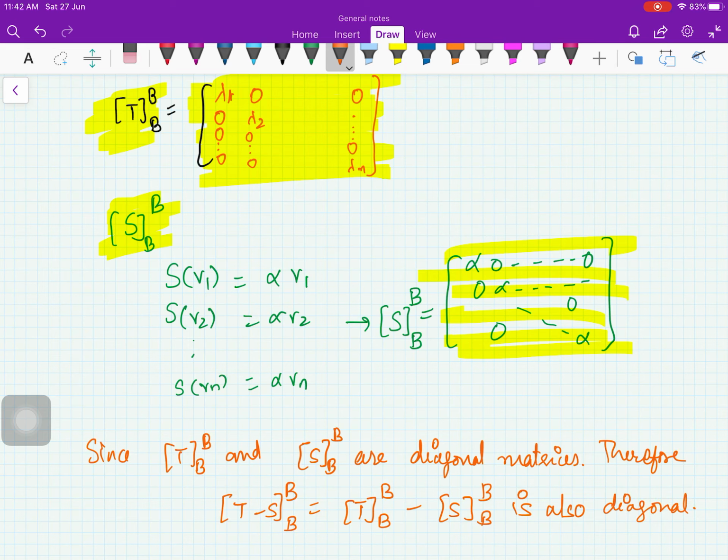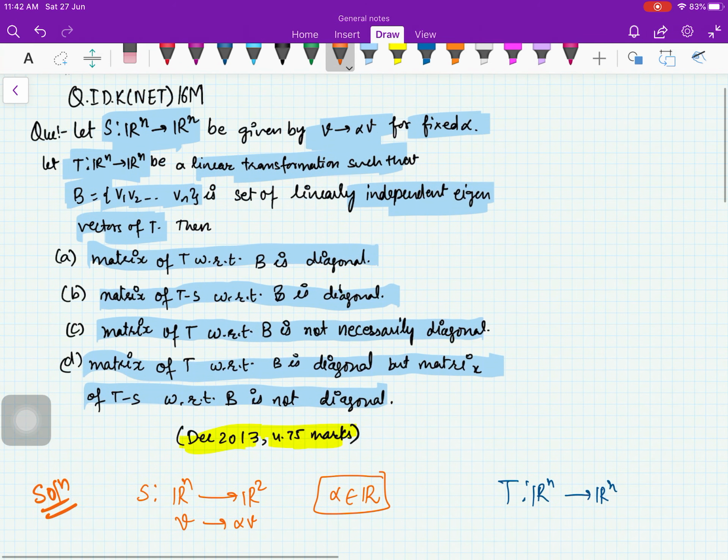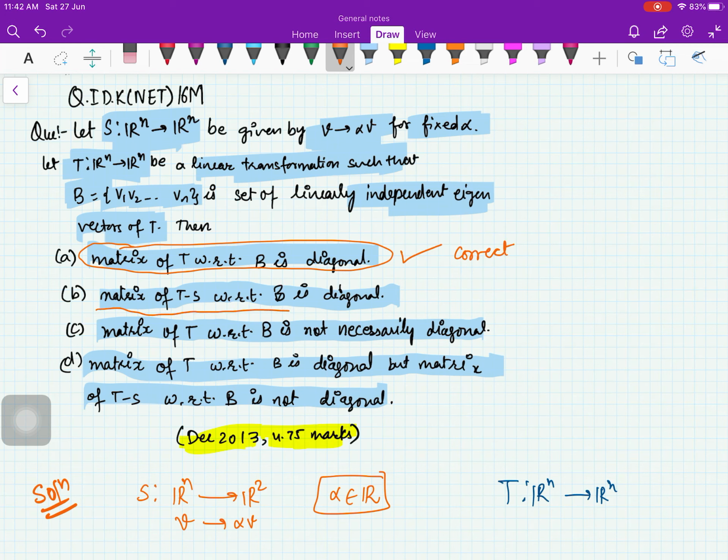Fine. So you see, this is a simple thing where you just need to use your knowledge about matrix representation of linear transformations. So let us look at our options. The first option, matrix representation of T with respect to basis B is diagonal. This is correct. Matrix of T minus S with respect to B is diagonal.